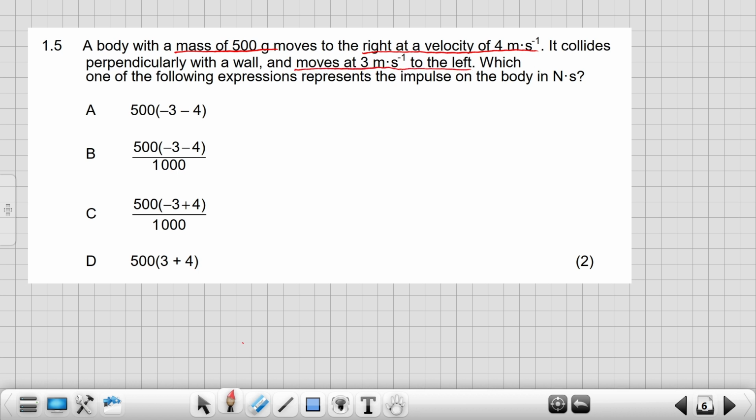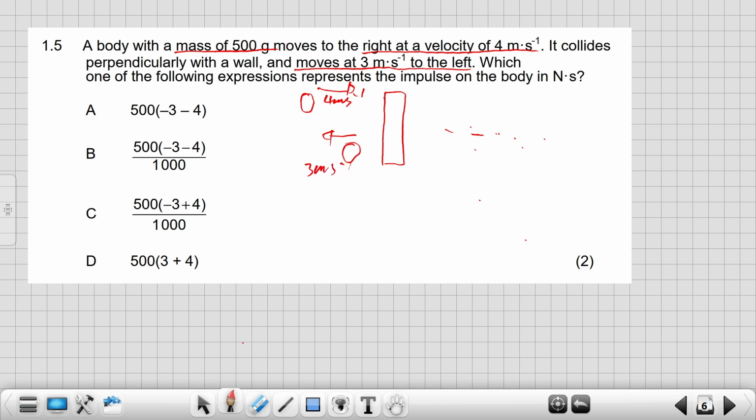Which one of the following expressions represents the impulse on the body in newton seconds? So let's have a scenario here where this body moves in this direction with 4 meters per second. It bounces off the wall in this direction with 3 meters per second.